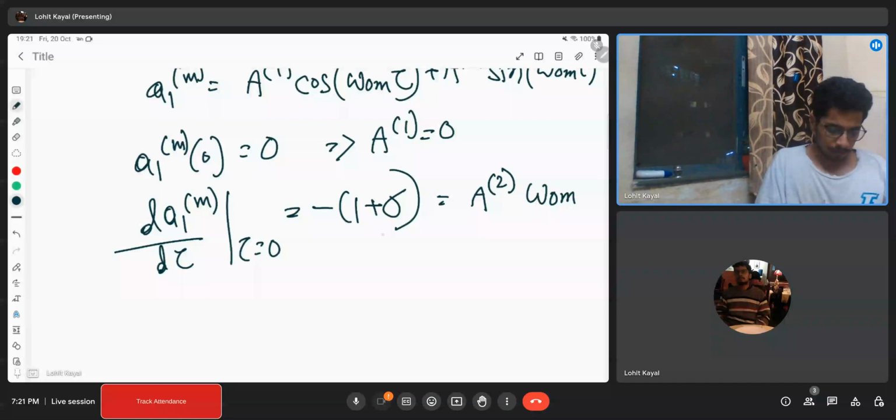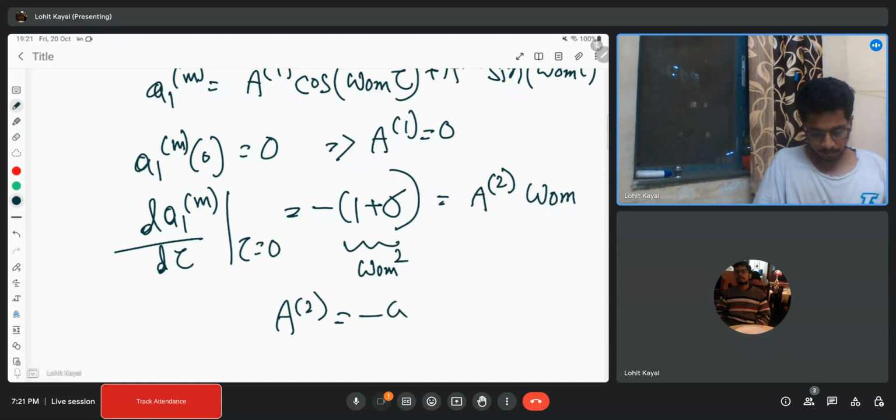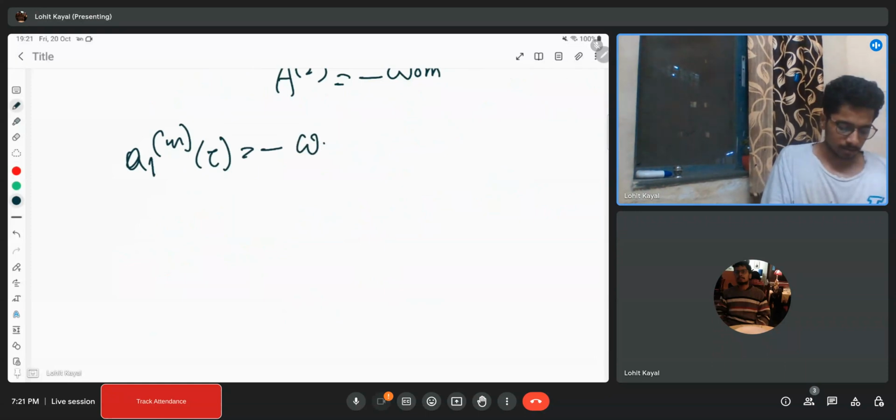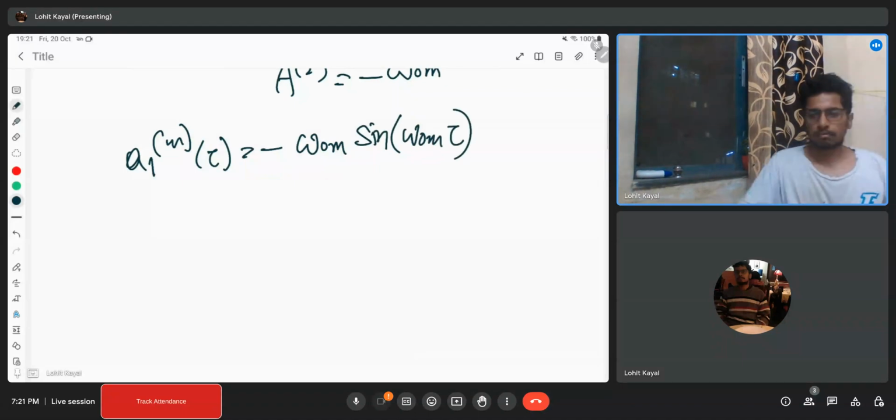Now minus 1 plus sigma is equal to ω0m square. So what is a2? a2 is equal to minus of ω0m. Okay, so your a1m τ is equal to minus ω0m sine ω0m τ.